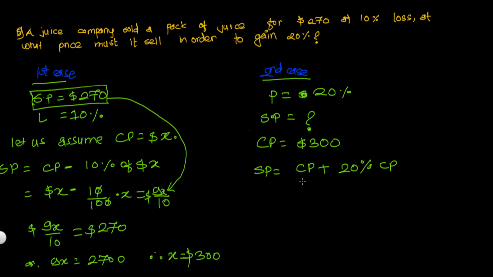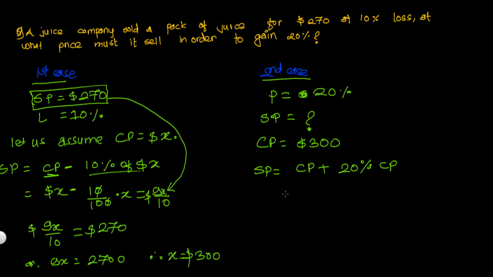That's why CP plus 20% of CP, whereas in the first case it has a loss of 10%, so our SP must be 10% less than CP. That's how we deal with profit and loss.